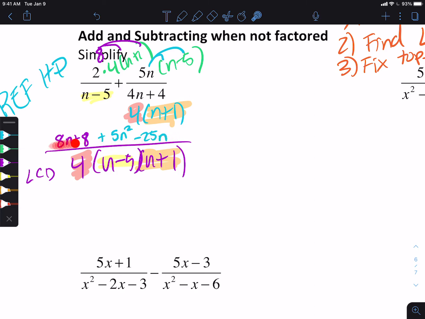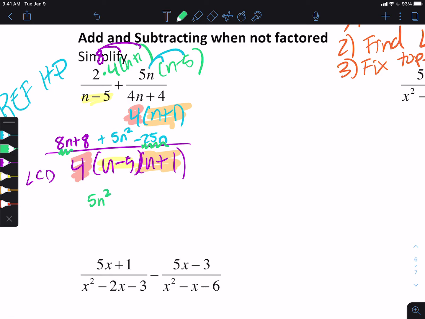Then I'm going to find my like terms. So I've got the 8n and the negative 25n that are like terms. So we get 5n squared, and 8n minus 25n gives us negative 17n, and then plus 8 all over, keep the common bottom, so 4 times (n minus 5) times (n plus 1).